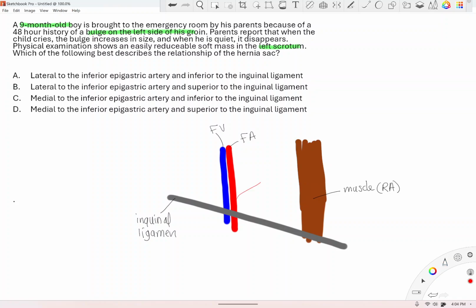There will be an artery that's given. This is the inferior epigastric artery. Okay, so these are some things that we should know. And then right here will be the deep inguinal ring, and here will be the superficial inguinal ring.